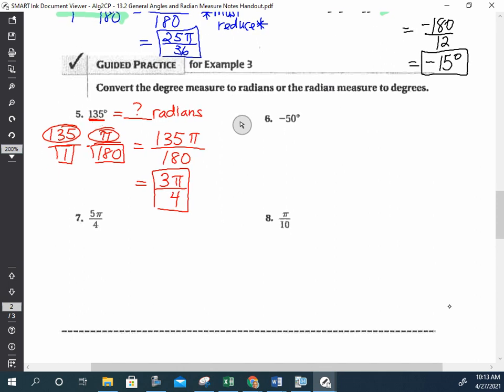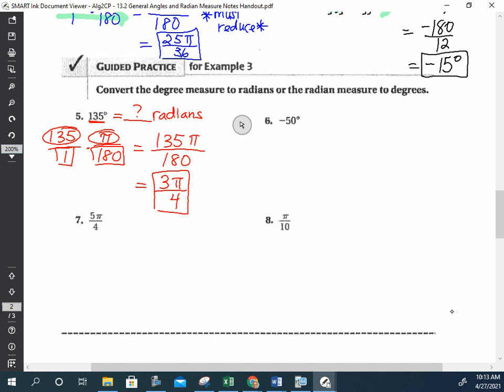So you have 5 pi over 4 radians going to change to degrees. So 5 pi over 4 times 180 over pi.